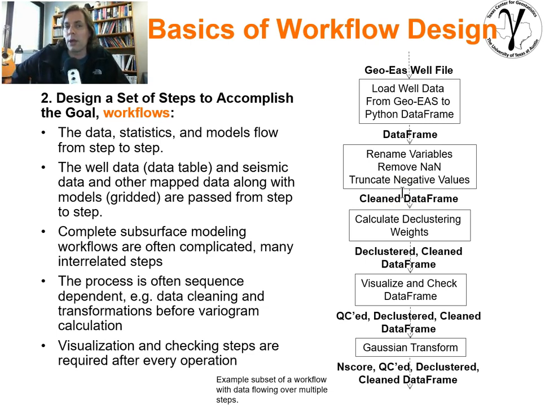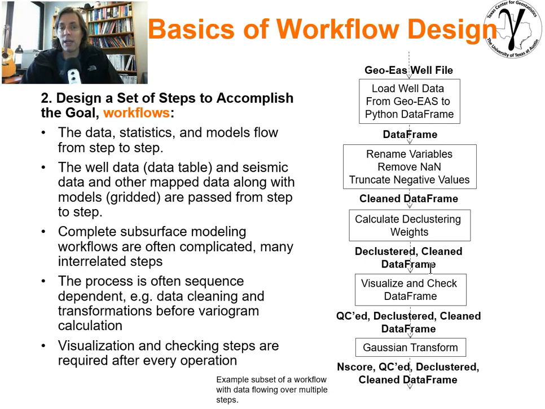We're comfortable working with this for modeling. Now we still have issues with bias, and so maybe we want to conduct a calculation of declustering, and we'll calculate the declustering weights. So now the output from that is we have a declustered, cleaned data frame. We have weights available to us to account for the spatial bias in sampling.